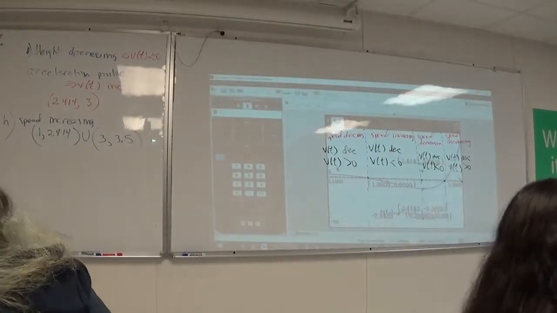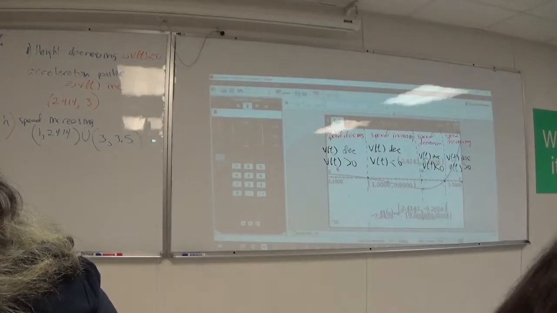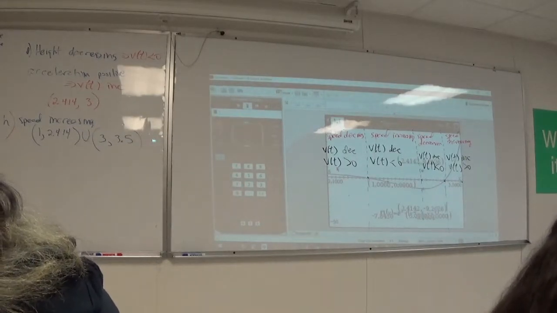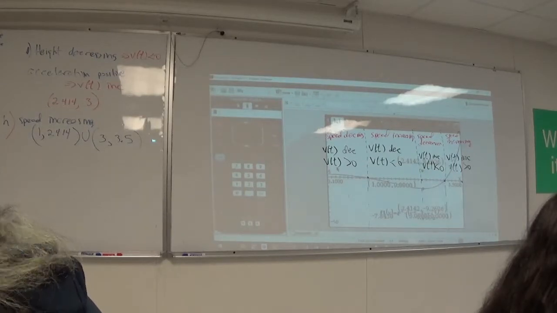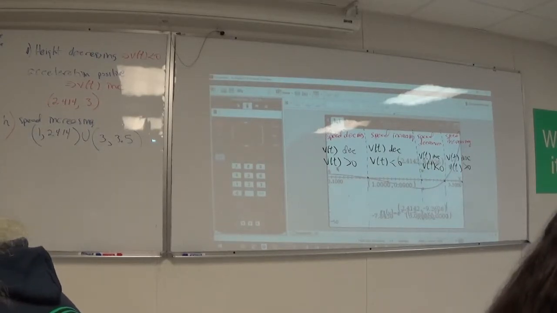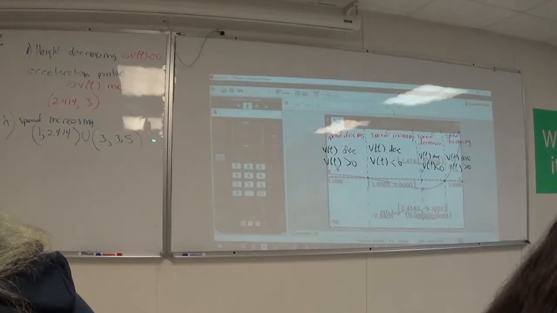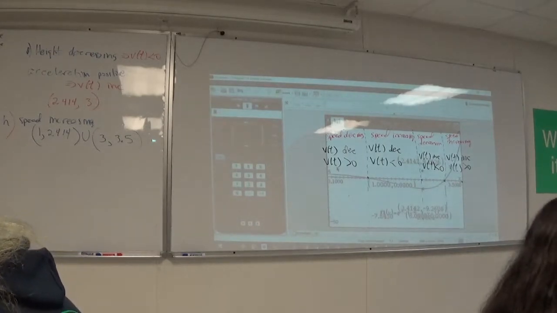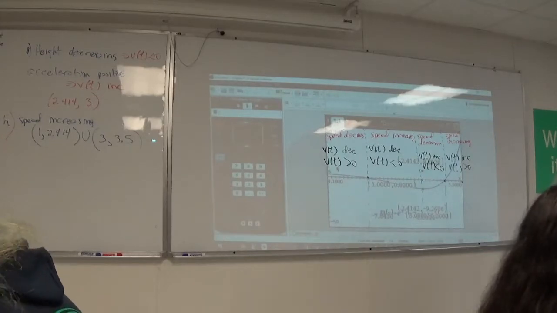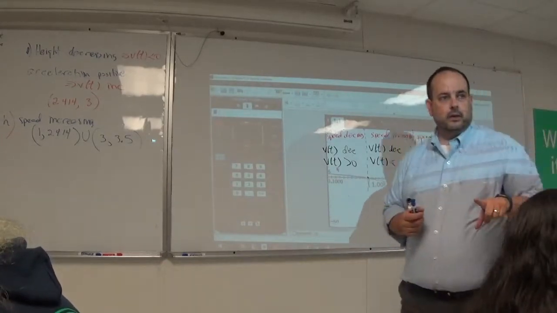Okay. So picture, if you can, don't look at that graph, a velocity curve. The velocity is positive and increasing. What's the speed doing? Increasing.